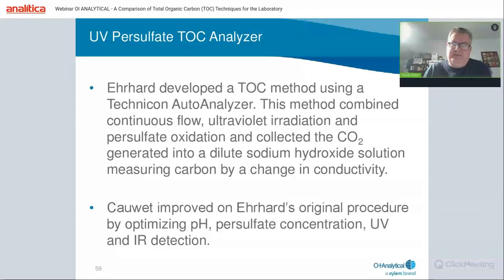Earhart developed a TOC instrument using a Technicon auto analyzer. This method combined continuous flow, ultraviolet irradiation, and persulfate oxidation and collected the CO2 generated into a dilute sodium hydroxide solution, measuring carbon by change in conductivity.